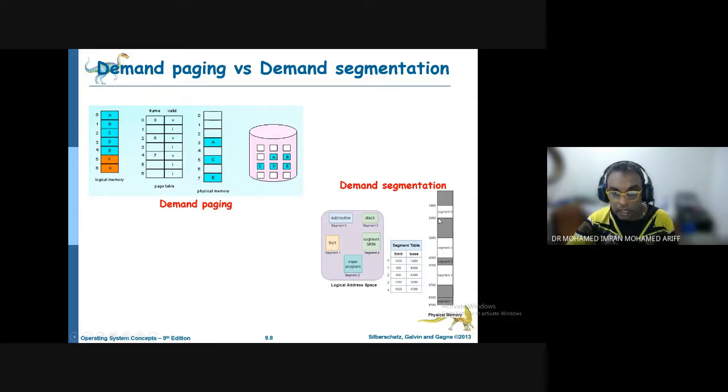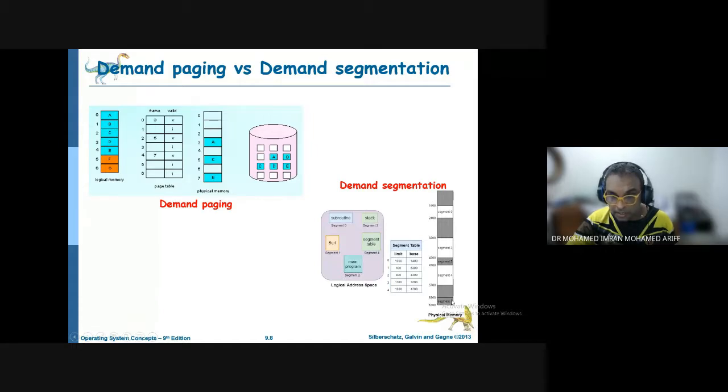Let's say we are looking at segment 2. Segment 2 is inside 6300. Where is 6300? Okay, here 6300, and the limit is 400. 6300 plus 400 becomes 6700.